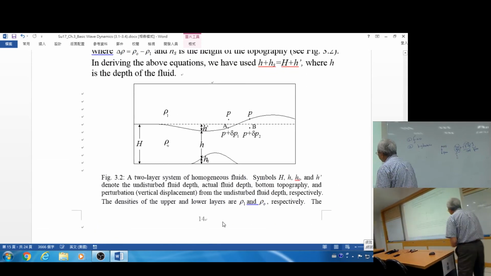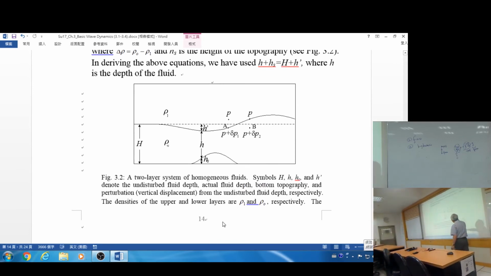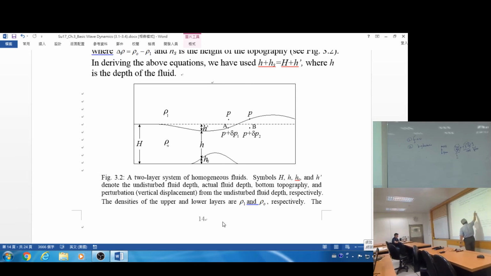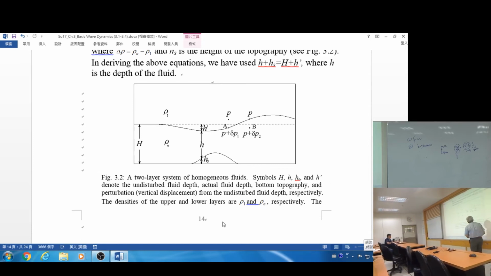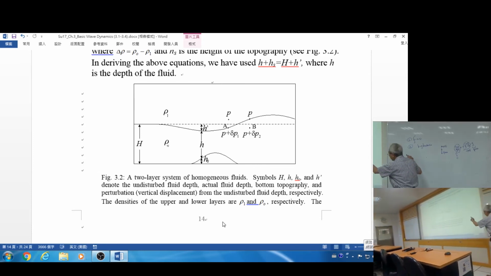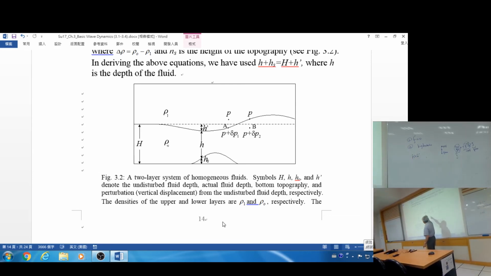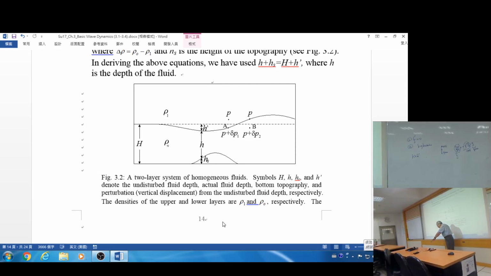So this H plus H sub S is equal to this H plus H prime. Here H prime is negative, here H prime is positive. Remember, H prime can be positive or negative. If it's deep down, it would be negative.